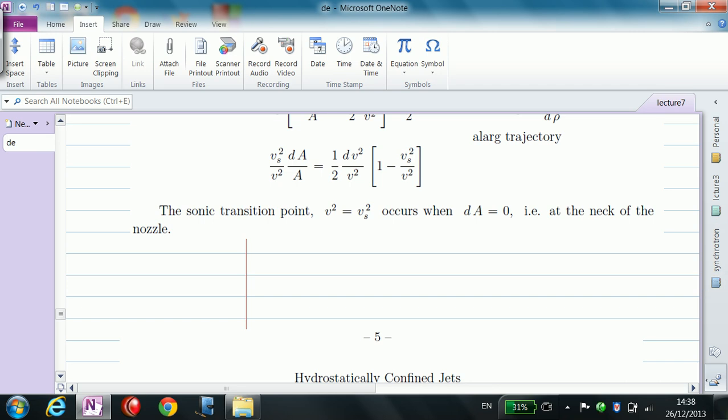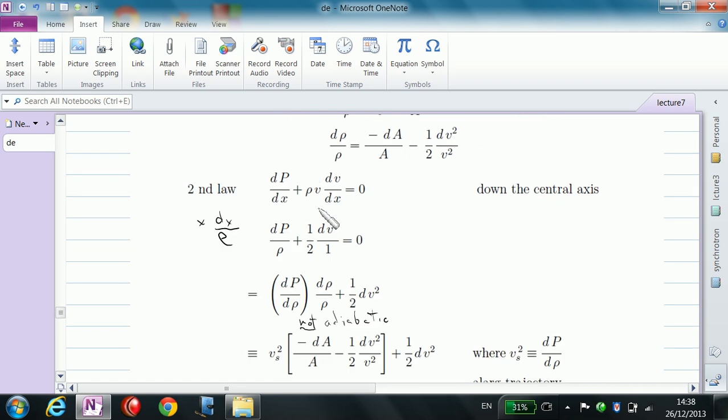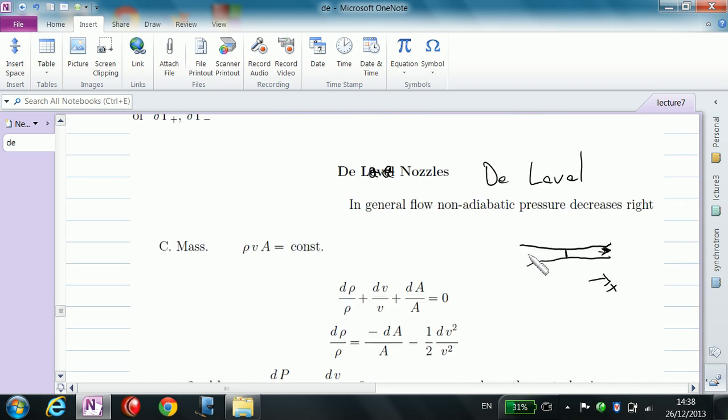Anyway, the point is that in order to have a transonic flow, in other words, a flow with a sonic transition where it goes through the sonic point, you need the area to decrease while the flow is subsonic but accelerating, and you need the area to increase when the flow is supersonic and still accelerating.